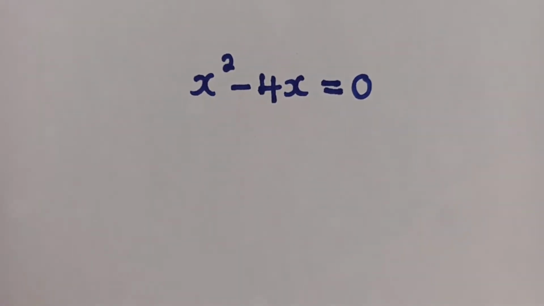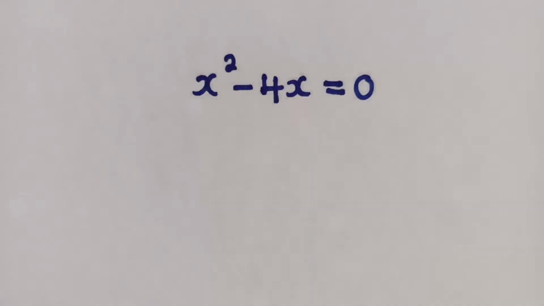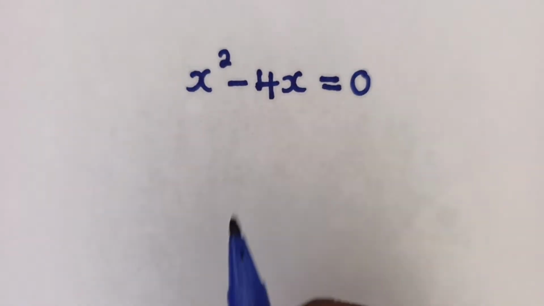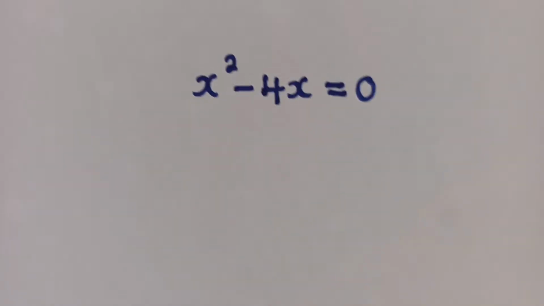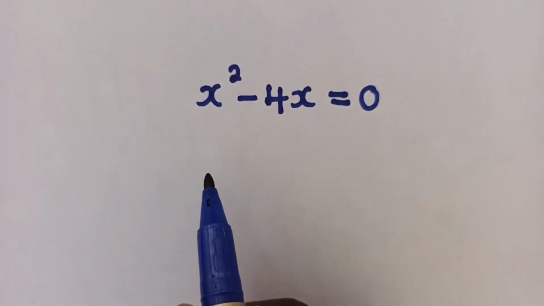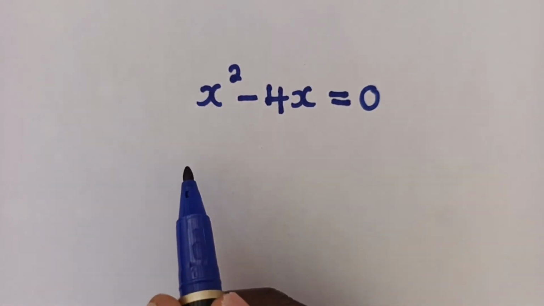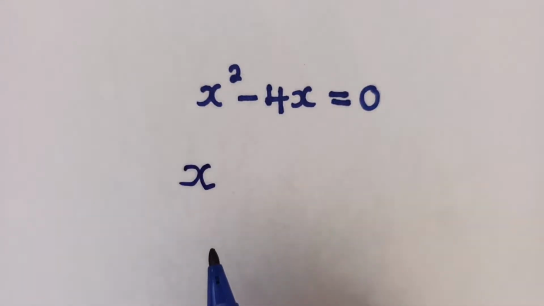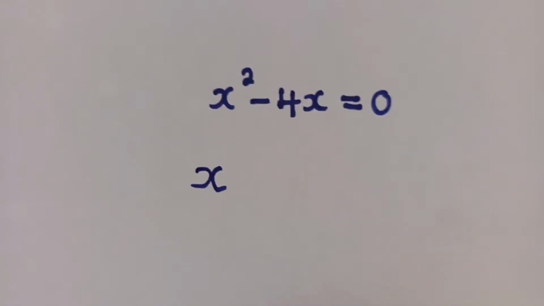Okay, so let's start with this first question, which we have right here. They're saying solve for x. So what is the value of x? To solve for x here, please don't divide. All you need to do here is to factorize. What is common? x is common. x is found here and right over here.